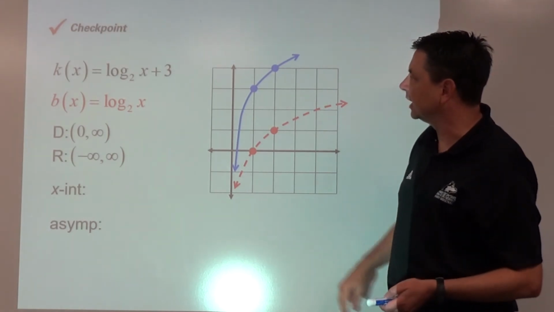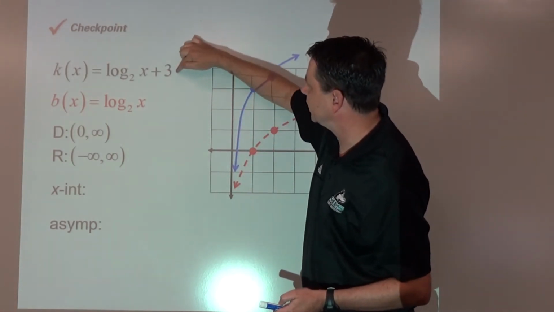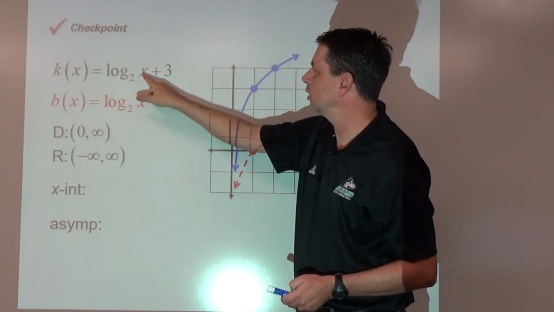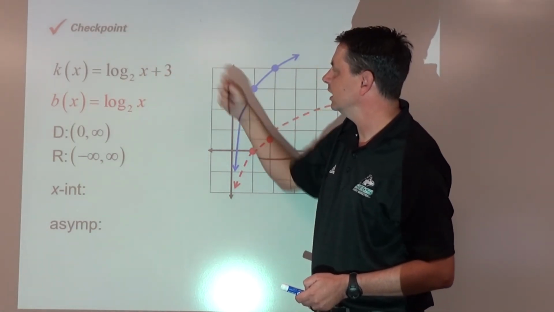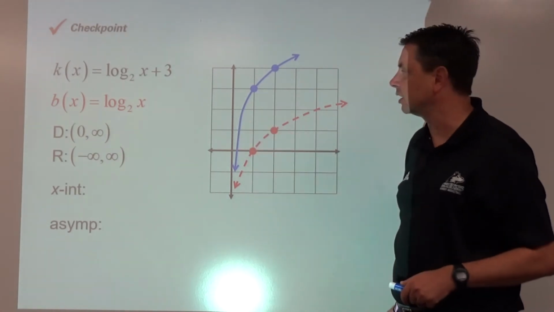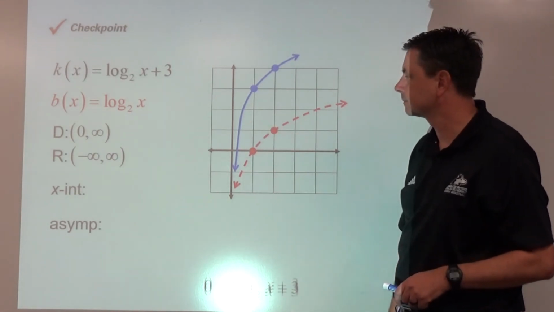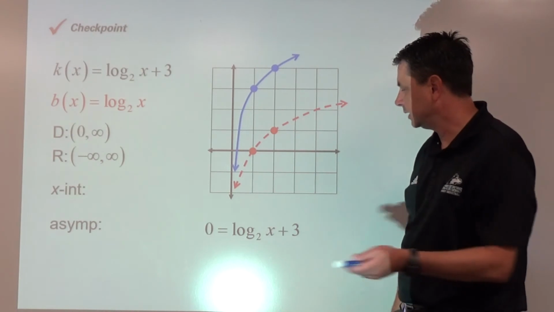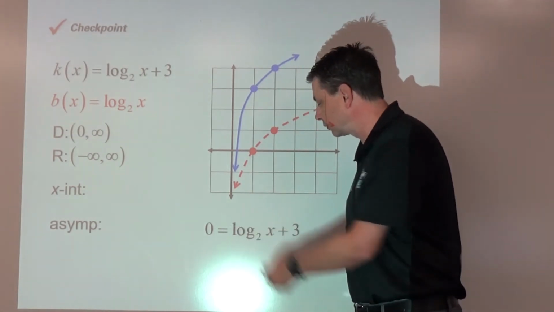If we're thinking about it, go back to our equation and have it be equal to 0. Log base 2 of x plus 3 is equal to 0. So when is the y-coordinate 0? That's going to give us our x-intercept. Let's solve for x. Let's get rid of the 3.